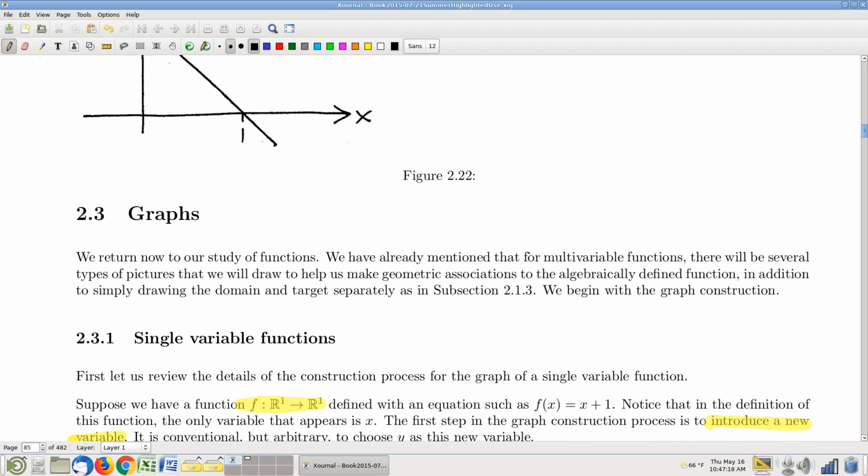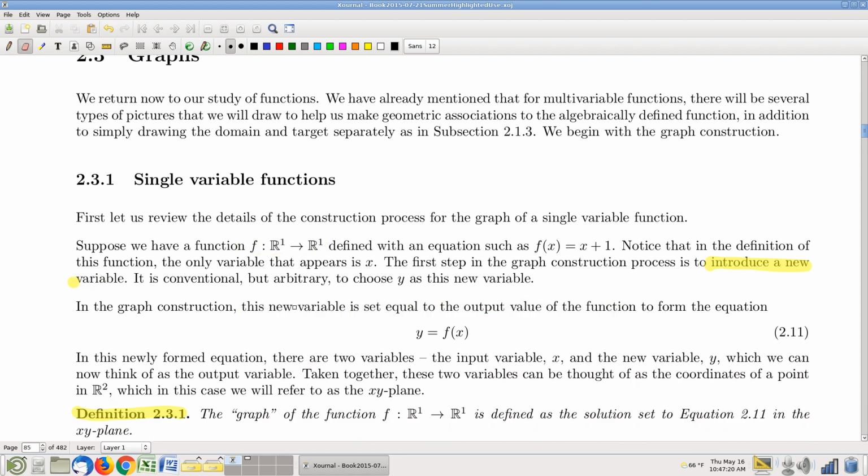So here's the process. If you have a single variable function such as this, and let me take a moment to recognize that is a single variable function. A lot of people would say, hey, wait a minute, there's 2 variables because y is x plus 1 and x is a variable and y is a variable.